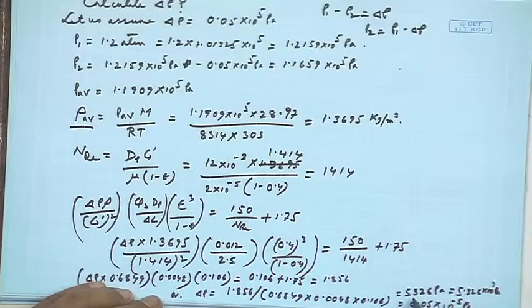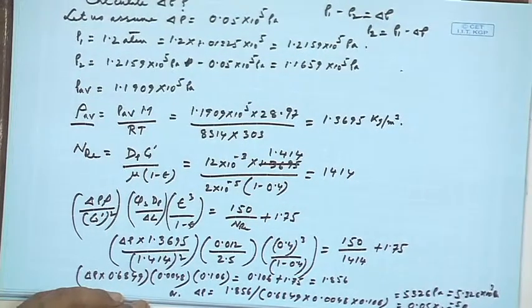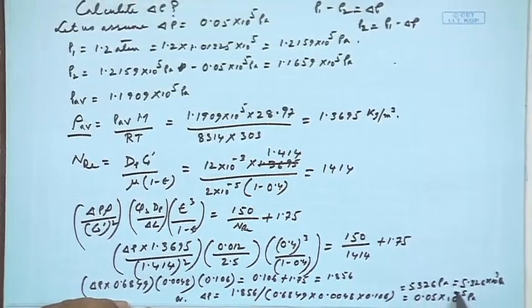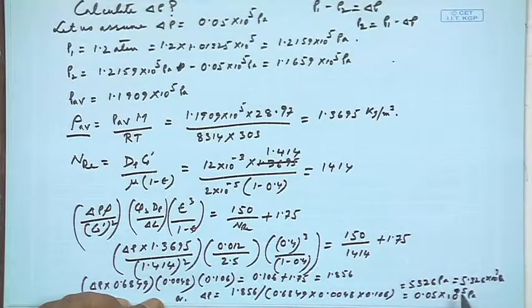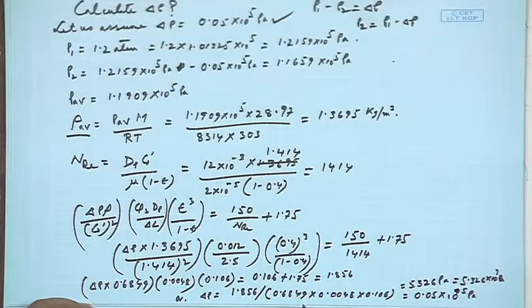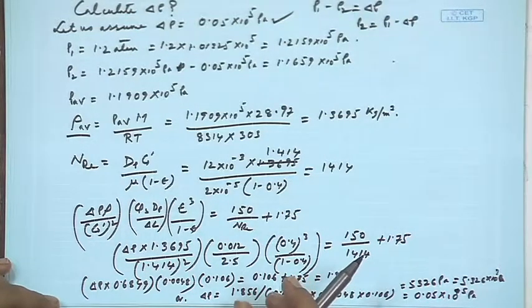So here also we have shown that this delta P has become 5326 Pascal, which was our original assumption. So that means what we have assumed is correct, right?